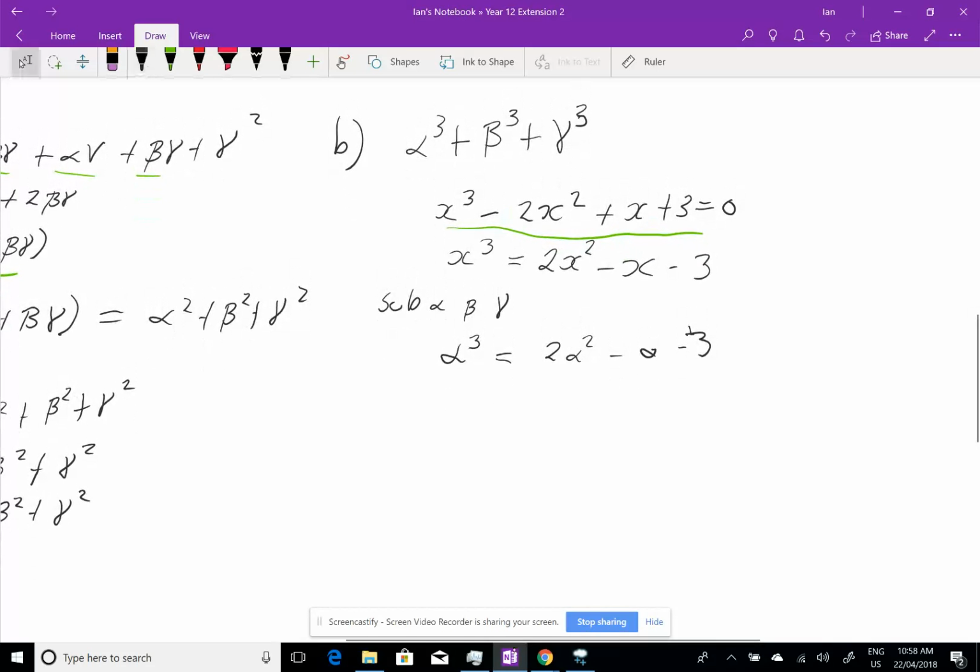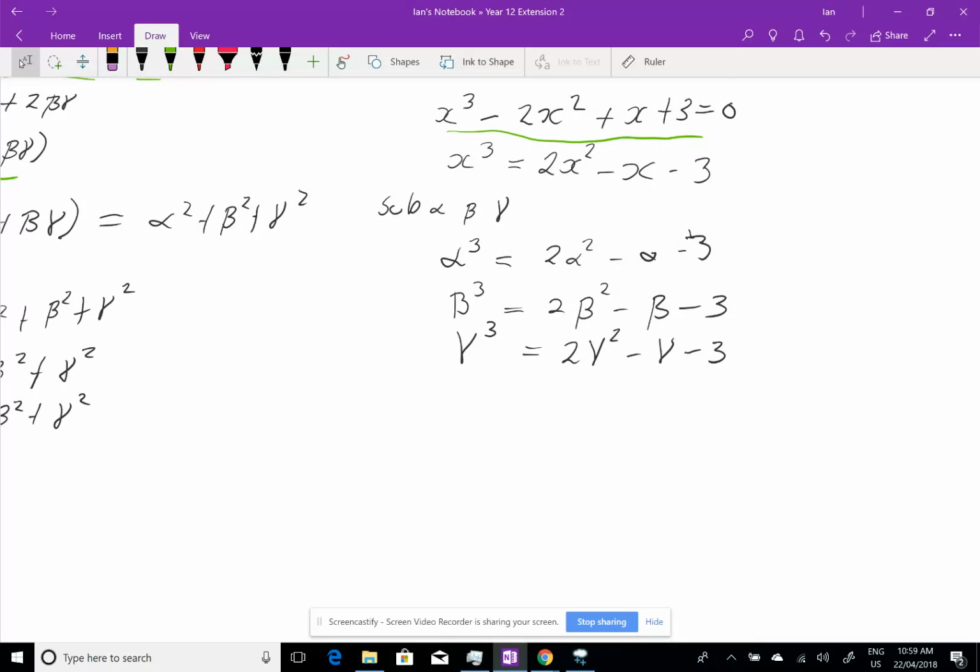And I'll do the same for beta. Beta cubed equals 2 beta squared minus beta minus 3. And gamma cubed equals 2 gamma squared minus gamma minus 3.